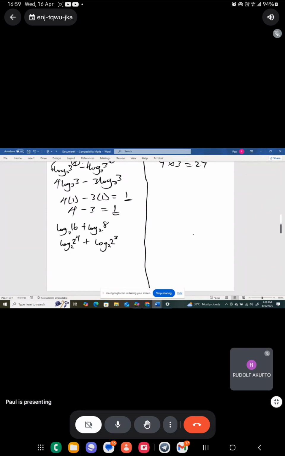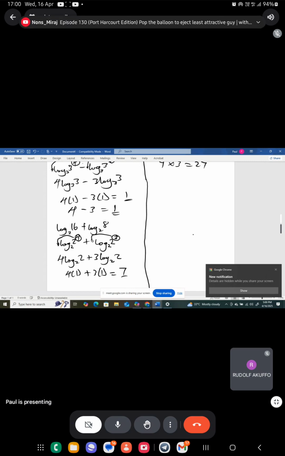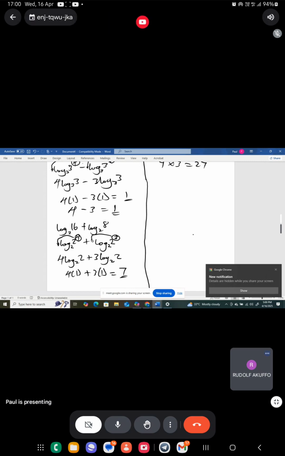You know 2 to the power 3 is 8. So this 3 will fall here, then the 4 will fall here. So we get 4 log 2 base 2 plus 3 log 2 base 2. So this will give us 4 into bracket 1 plus 3 into bracket 1, which is what? 7. Do you understand? Yes, please.